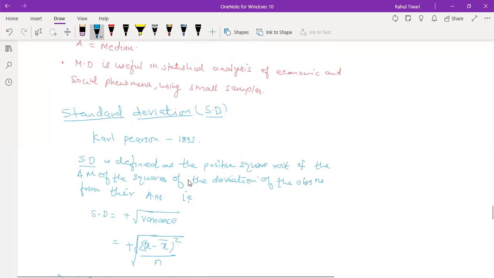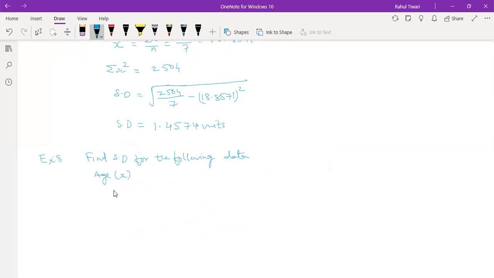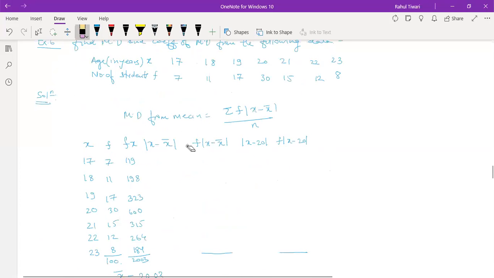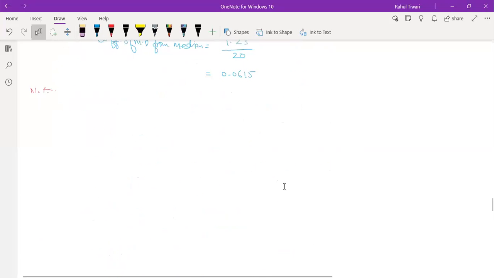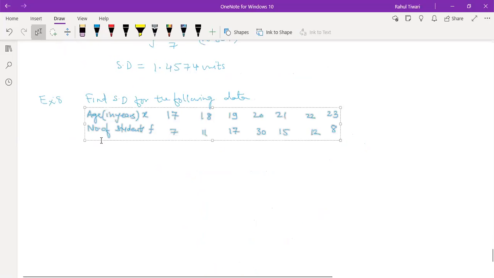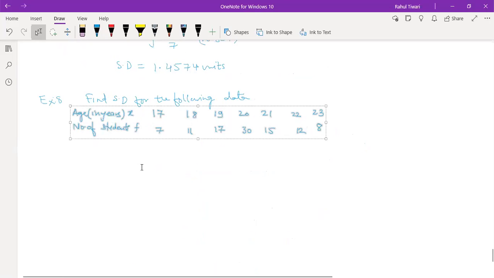Let's see that example. Yeah, this one. So to calculate for this data, you need to find the standard deviation.